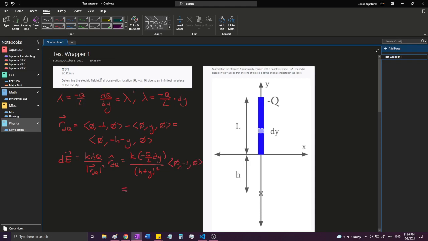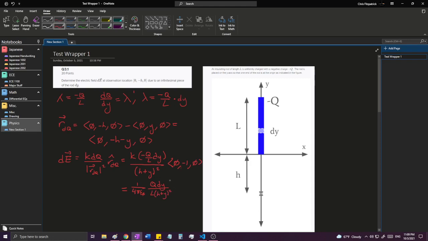which then makes dE equal to 1 over 4 pi epsilon 0, just so that we all know what we're talking about, multiplied by q times dy over L multiplied by h plus y squared.